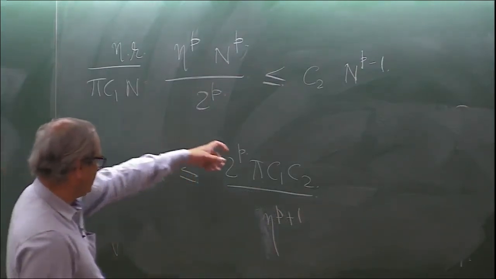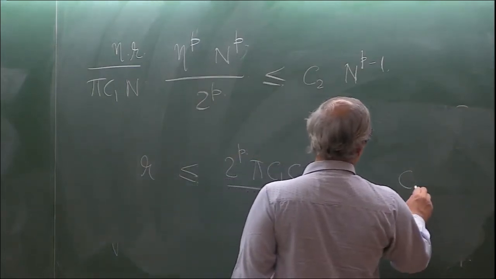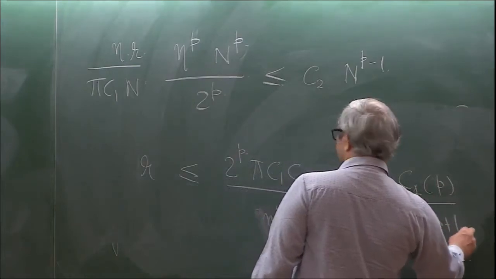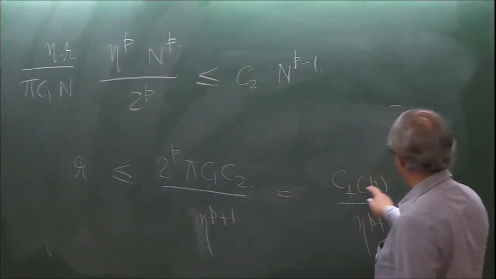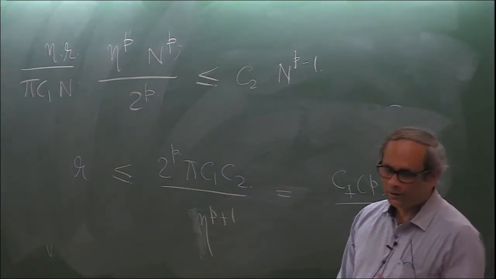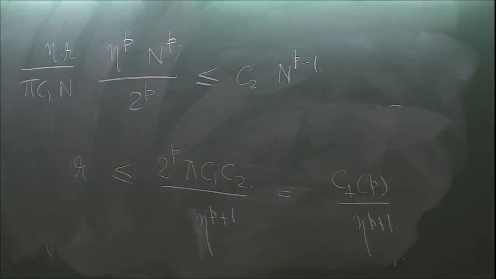Okay, so this depends on p, so you call this C4p by eta to the power of p plus 1. So R is bounded by C4p by eta to the power of p plus 1. So that gives you a bound for R. It tells you that R is bounded by this much.